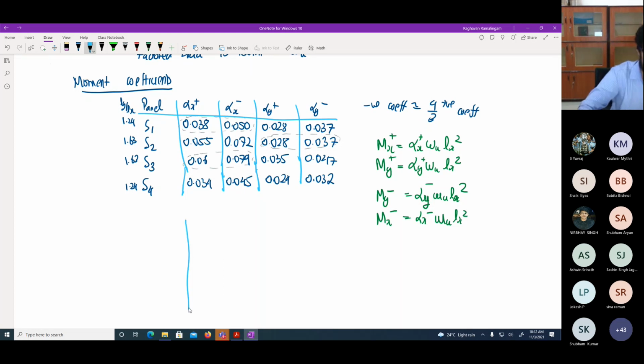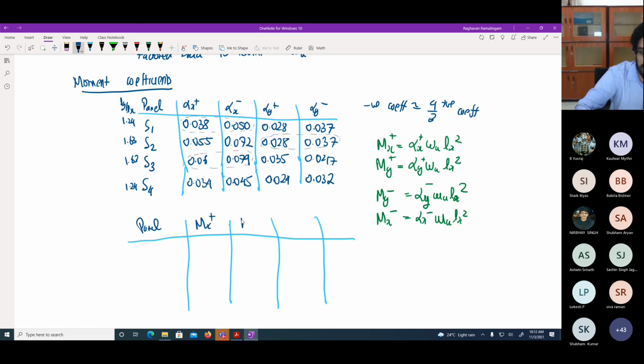So the same thing I can do now. I have 4 different moments: 1, 2, 3, 4. Mx plus, Mx minus, alpha y plus, alpha y minus.